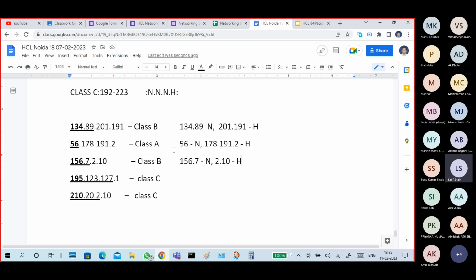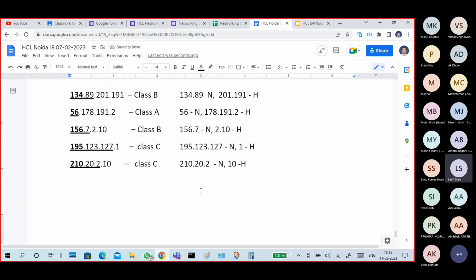Here 195.123.127 is the network portion, and what is the host portion? One is the host portion. Here also the same: 210.22 is our network portion, and what is the host portion here? 10 is the host portion.